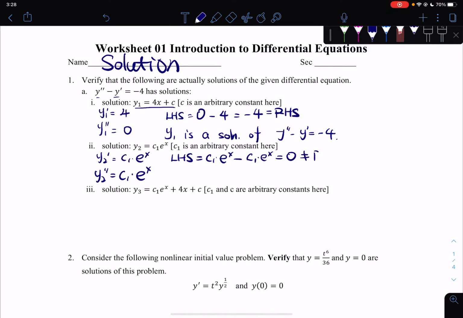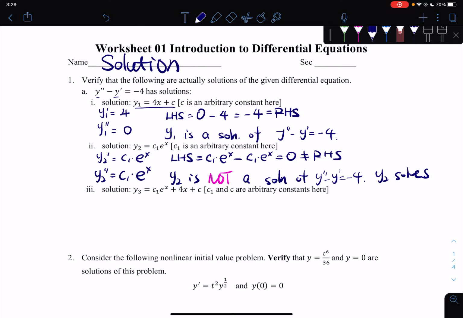It does not equal the right-hand side, so y2 is not a solution of y double prime minus y prime equals -4, but you may have already noticed y2 solves a relatively similar differential equation, which is y double prime minus y prime equals 0.